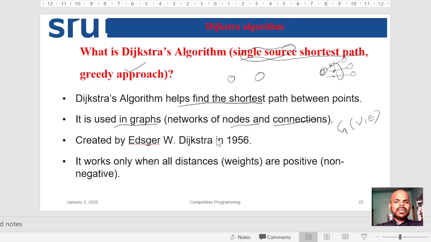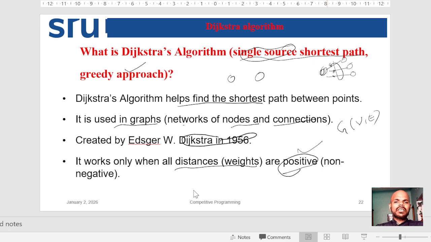It was created by Dijkstra in 1956, right? It will work only when all distances are weights, so the problem is solved only on a weighted graph. One more drawback is that the weights should be positive.